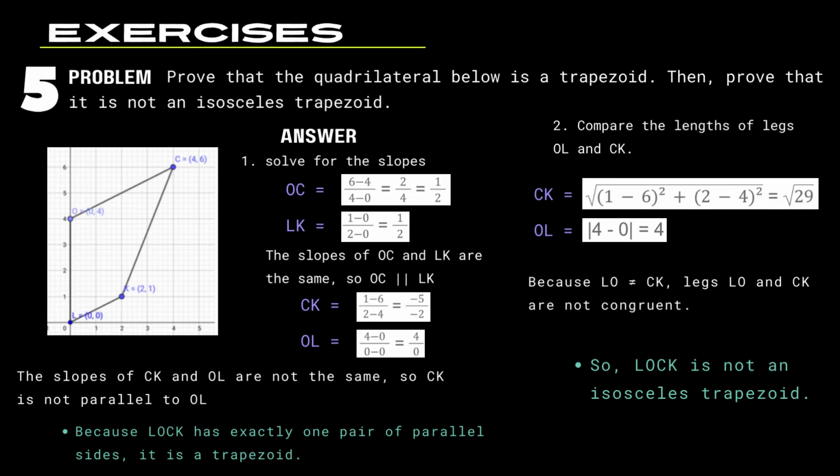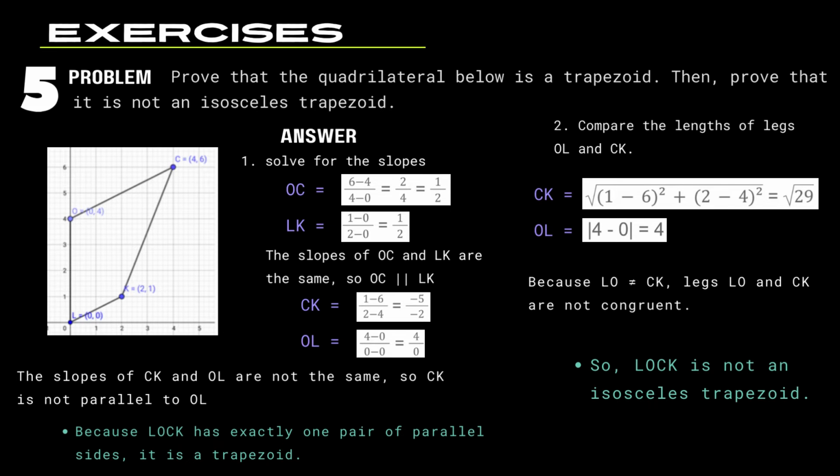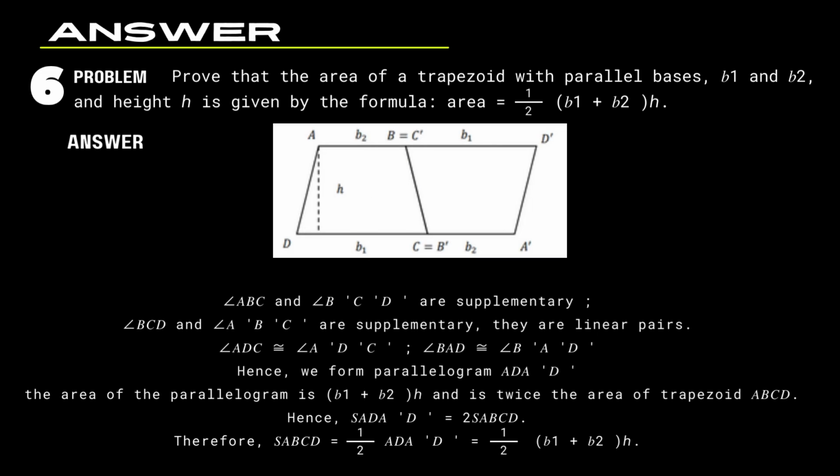And as you can see, leg OL is not congruent to leg CK. Therefore, LOCK is not an isosceles trapezoid. And there we go. Statements proved. And now on to our last problem.